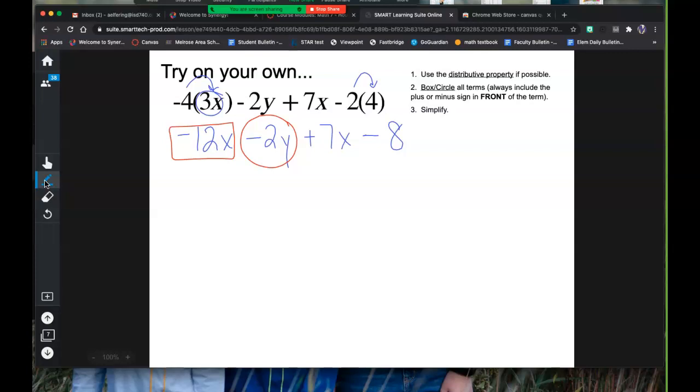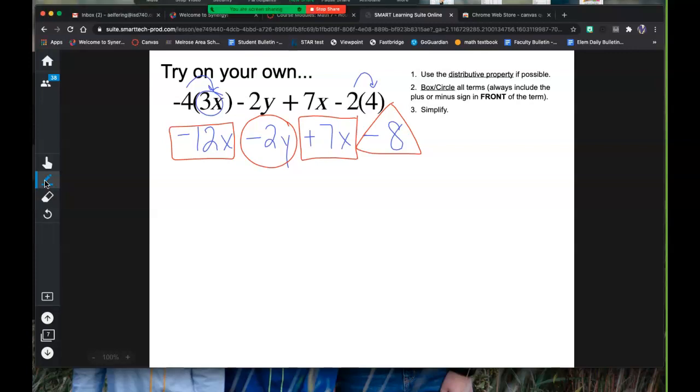Okay, so I put a box around the plus 7x because that has an X just like the first term. And then I'm going to triangle the -8. Why would you triangle it? Because that does not have a letter at all. It's just a constant. I can't circle it because the Y had a circle. Well, then just circle all of them, because they have to have different shapes, remember?